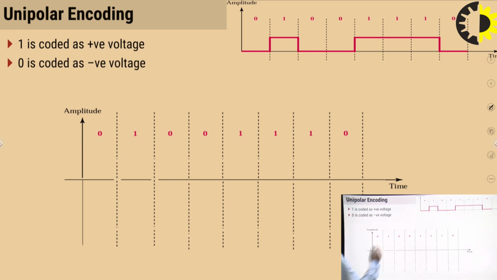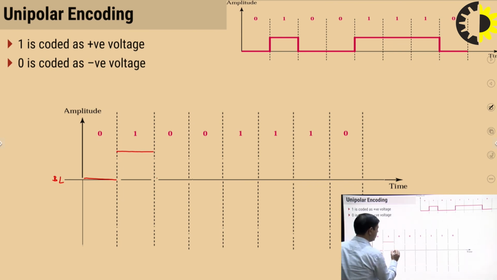Now, how we are getting this? This is called the baseline, and these are the vertical lines. Now, in case of 0, that is for negative voltage, we will simply put the line onto the baseline. If it is 1, then definitely we will do it like this.